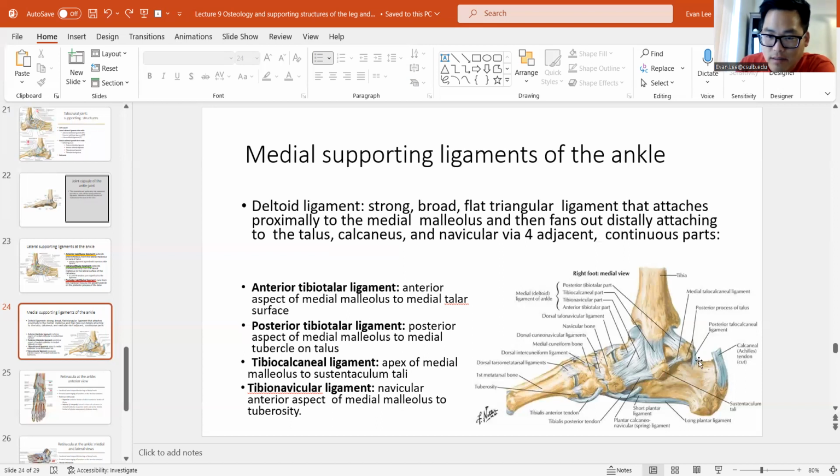This is the triangle. So just think about what they connect to. But remember, you have one on the front, one on the back. That's anterior tibiotalar, posterior tibiotalar ligament. And then going downwards from the tibia to the heel bone, tibiocalcaneal, and then one extra one for the medial side, which is the tibionavicular ligament.